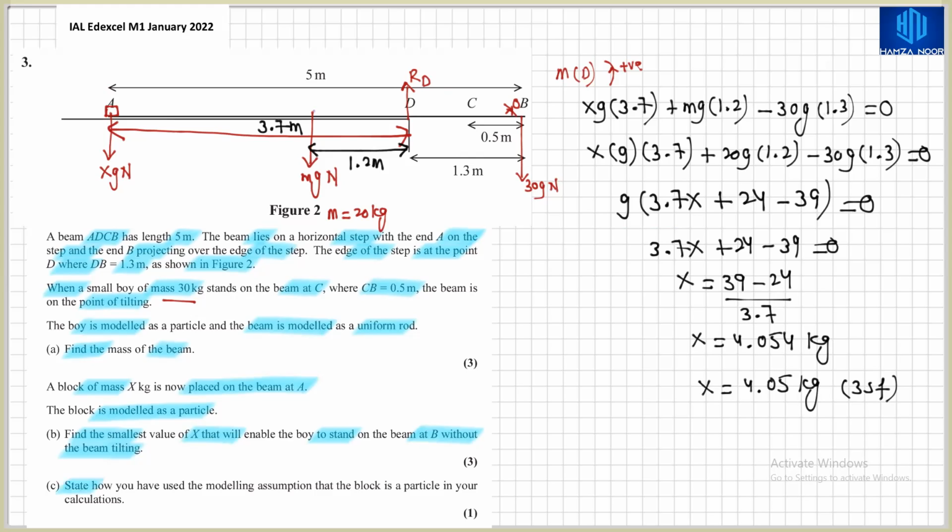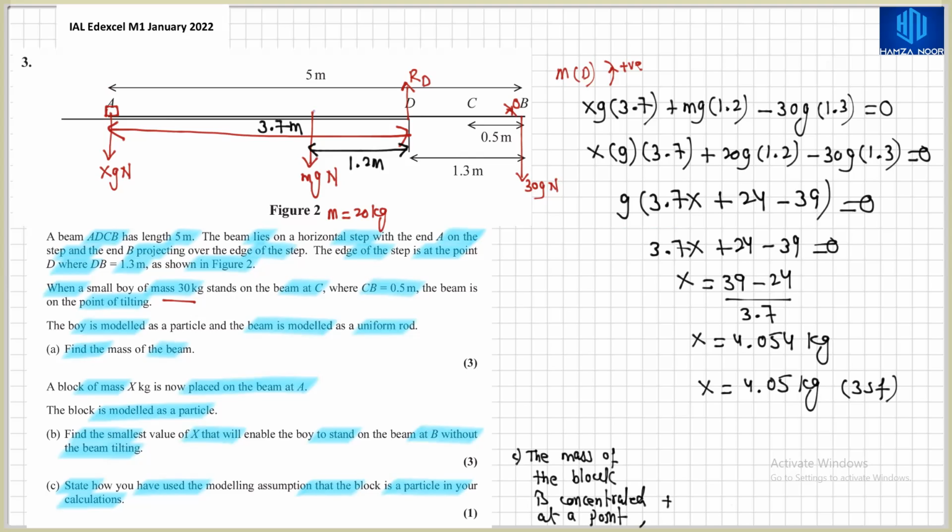All right, so here we have part C. Part C says, state how you have used the modeling assumption that the block is a particle in your calculations. So here we are just going to mention that the mass of the block is concentrated at a point.